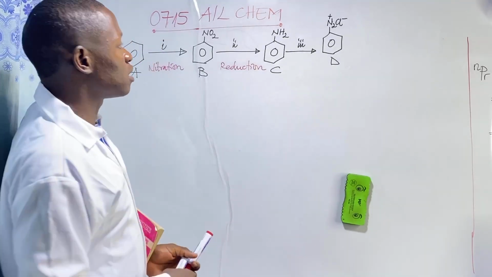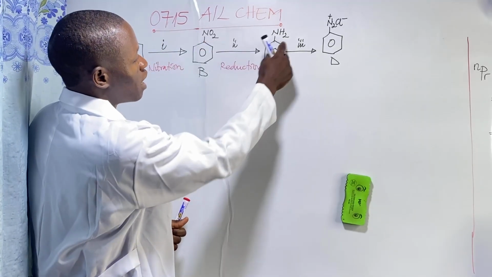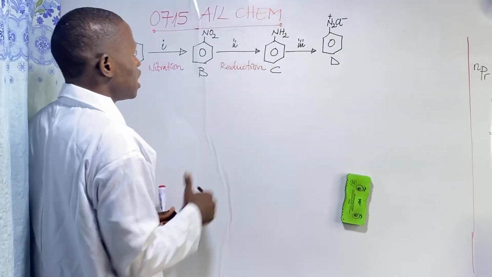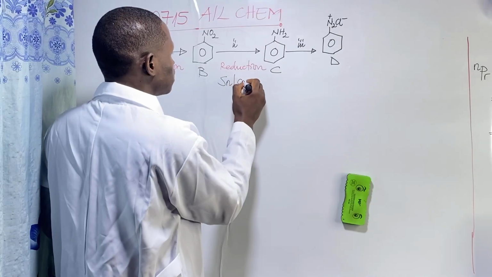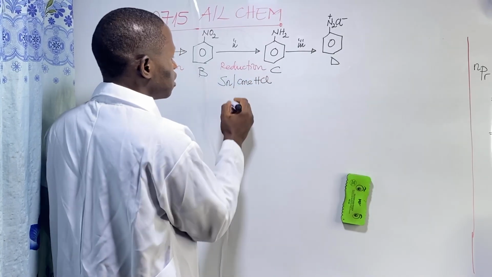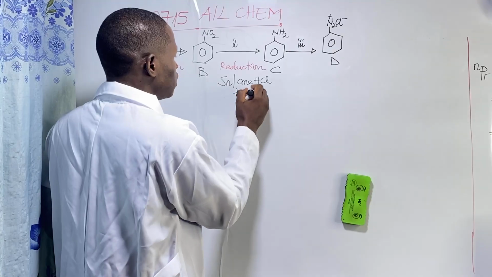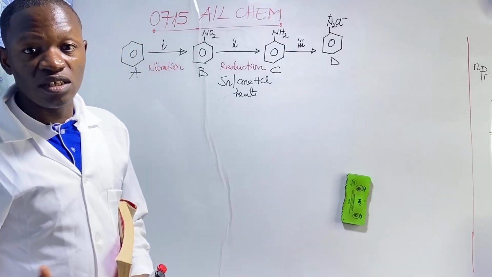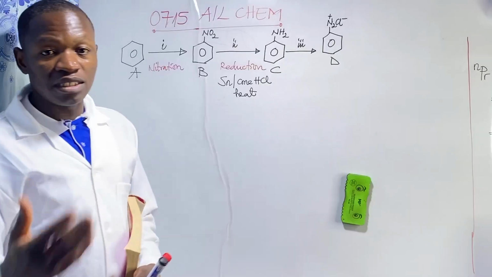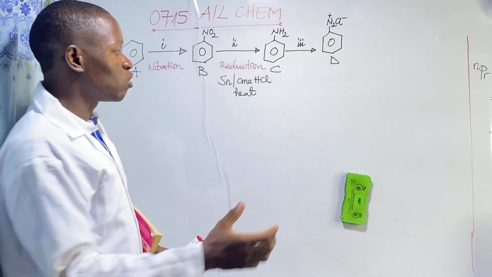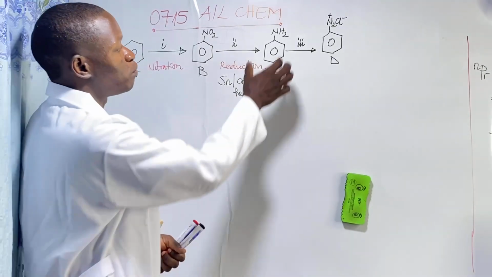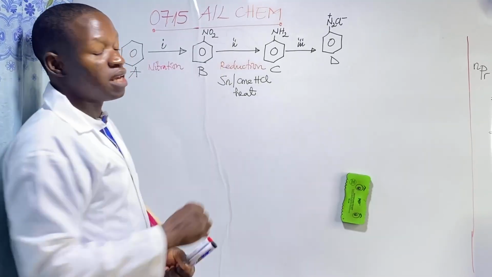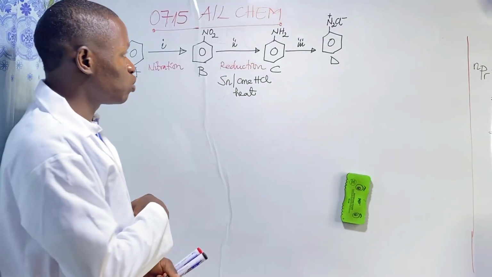What happens is that the oxygen atoms are replaced by hydrogen. So the reagent here is tin in concentrated hydrochloric acid. Condition: you are going to heat. You can also use iron. Tin or iron, which is a reducing agent, in concentrated hydrochloric acid, and you heat. The process is called reduction.